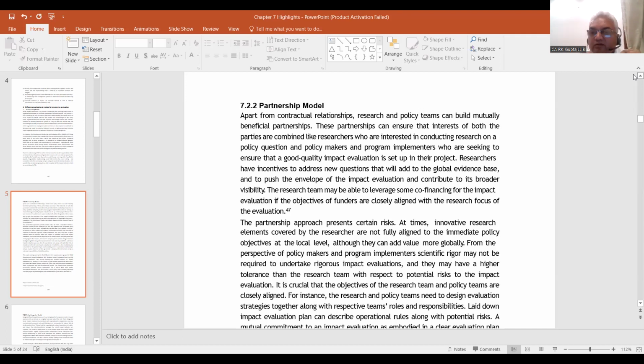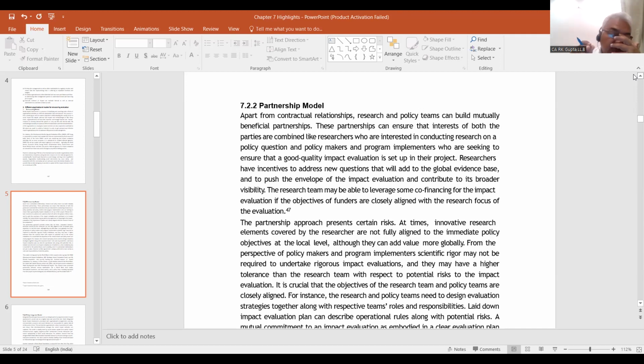The researchers are not fully aligned to the immediate policy objectives at the local level, although they can add value more globally. From the perspective of policymakers and program implementers, scientific rigor may not be required to undertake rigorous impact evaluations, and they may have a higher tolerance than the research team with respect to potential risks to the impact evaluation. So it is crucial that the objectives of the research team and policy teams are closely aligned.